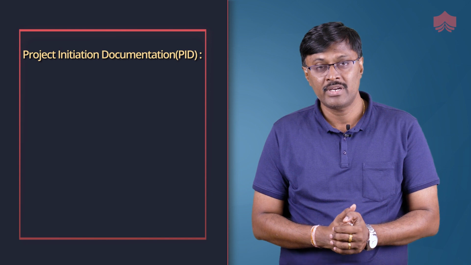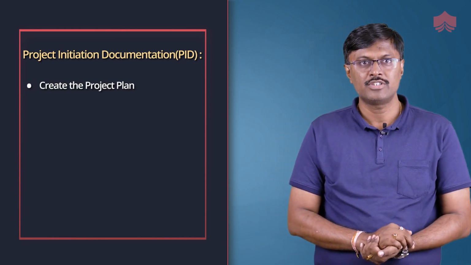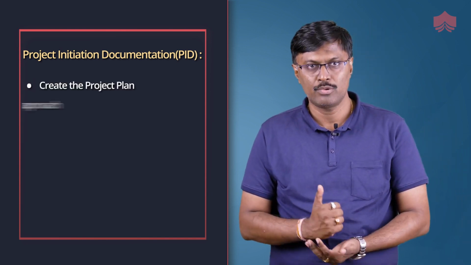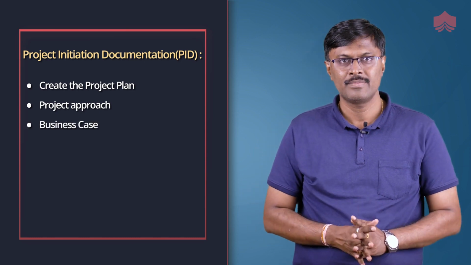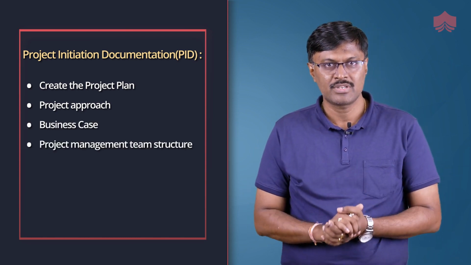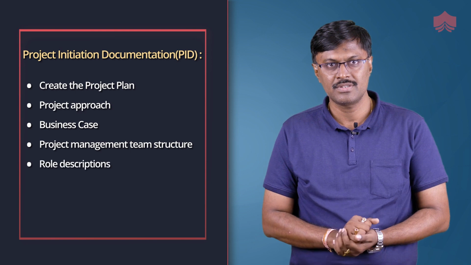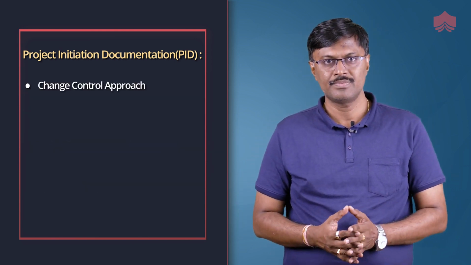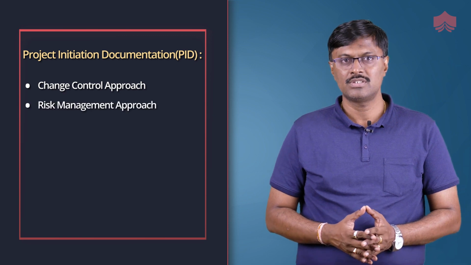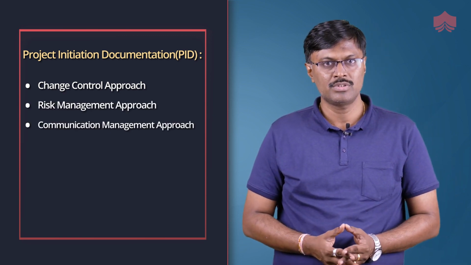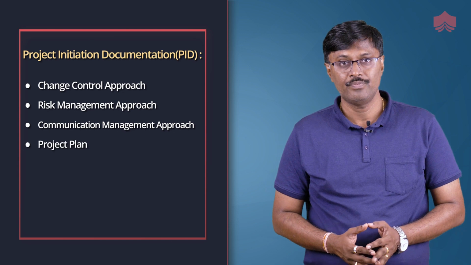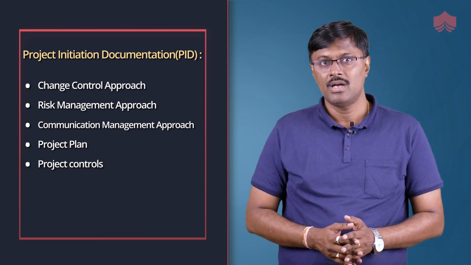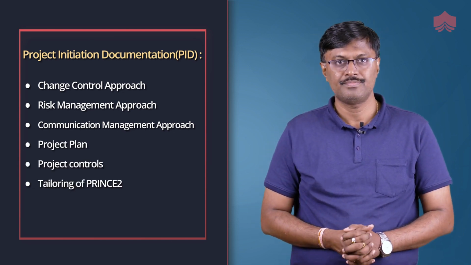Project initiation documentation captures project definition, project approach, business case, project management team structure, role descriptions, quality management approach, change control approach, risk management approach, communication management approach, project plan, project controls and tailoring of PRINCE2.